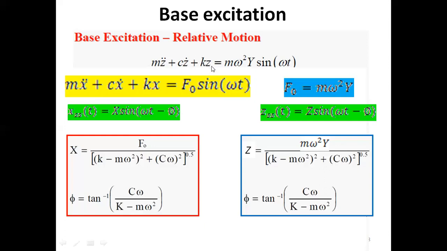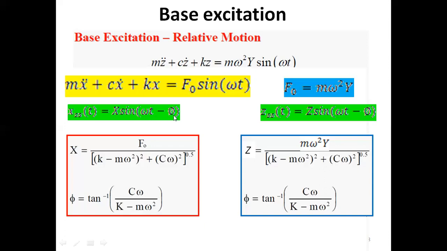The response of this equation would be z of t. For this equation of motion, we have the steady state response, x steady state of t is equal to capital X sine omega t minus phi.